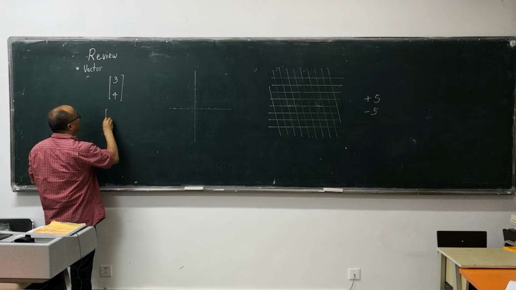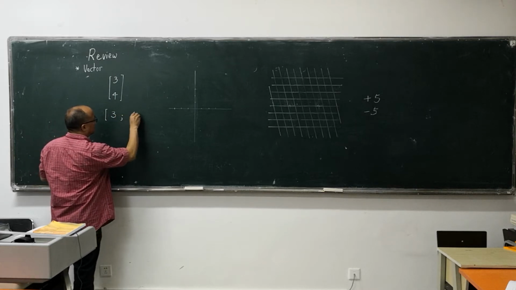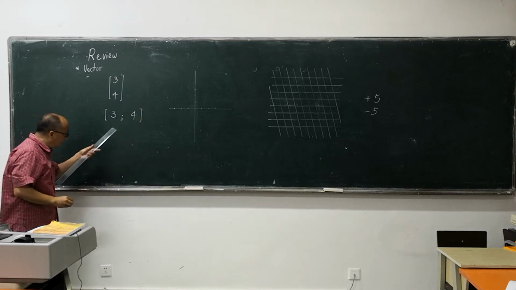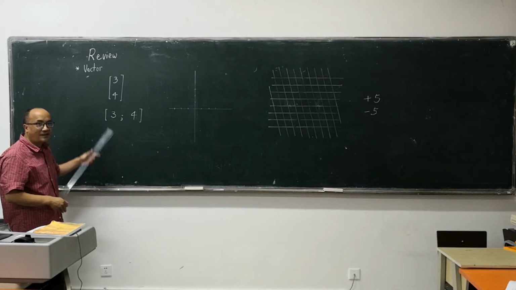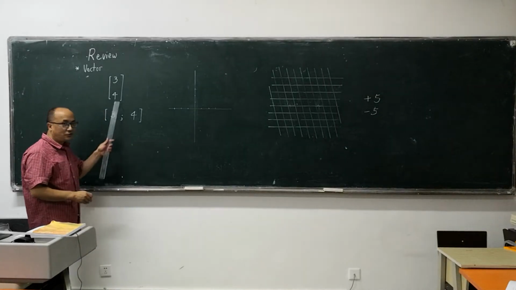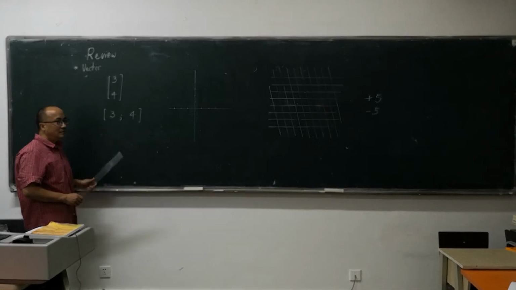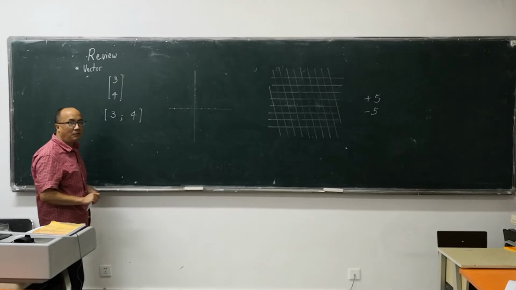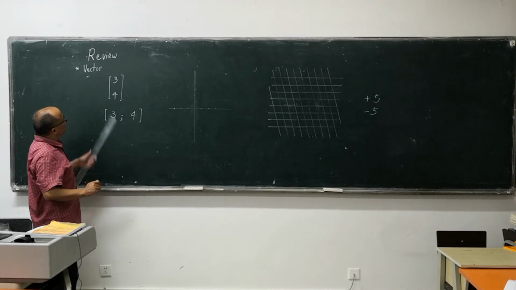So people write it horizontally, which means the same thing as the vertical one. In the final exam, when you see this, you should know that. In many textbooks, for the convenience of printing, they use this format. So, 3, 4.